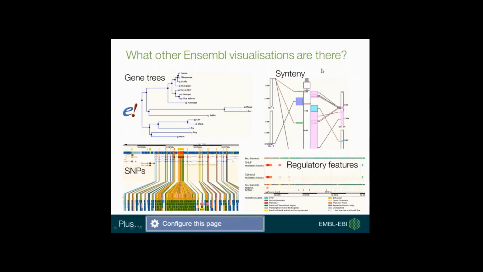We also do synteny analysis, so this identifies regions of conserved gene order, and you can see them visualized on a map. We show you where SNPs are and what they are and how they differ from the sequenced strand, and we show you where regulatory features are, so things like promoters, enhancers, but also the epigenomic landscape.